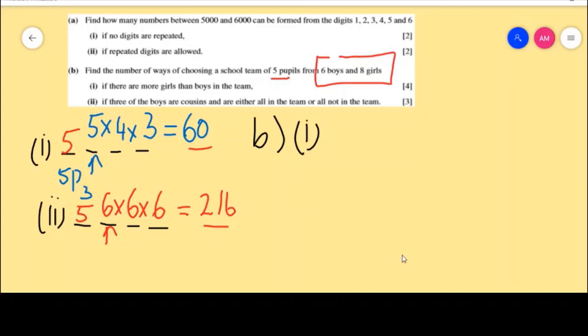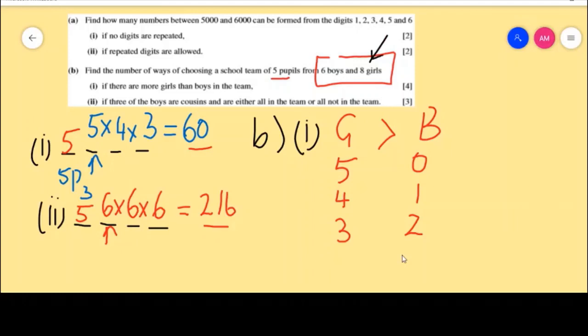There must be more girls than boys, so the number of girls must be greater than the number of boys. I'm choosing 5, so I can have 5 girls and 0 boys, or 4 and 1, or 3 and 2.